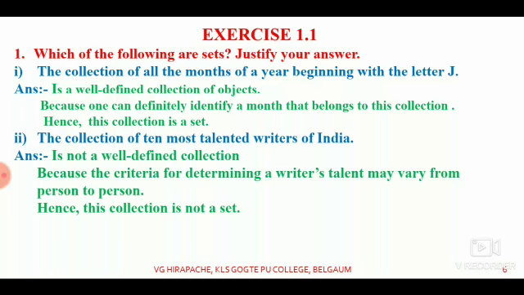Therefore, in this case, we can answer this question as: it is not a well-defined collection of objects, because the criteria for determining a writer's talent may vary from person to person. That's why this type of collection is not a set.